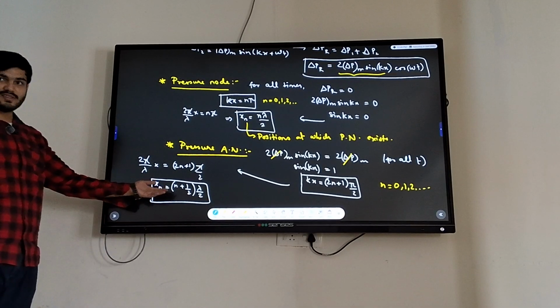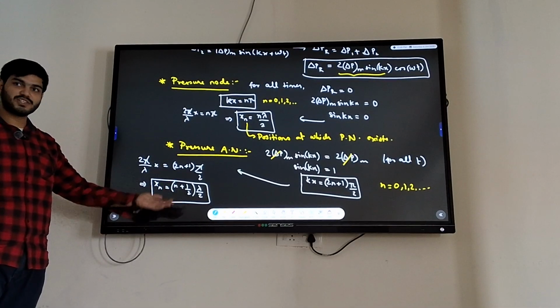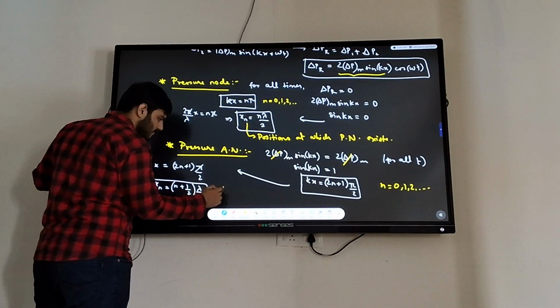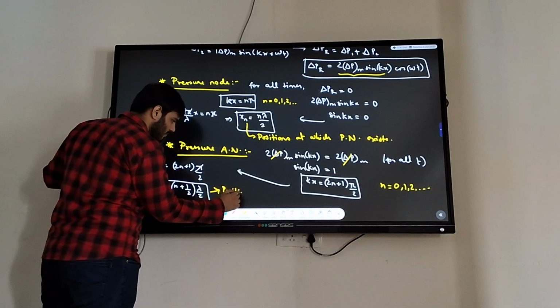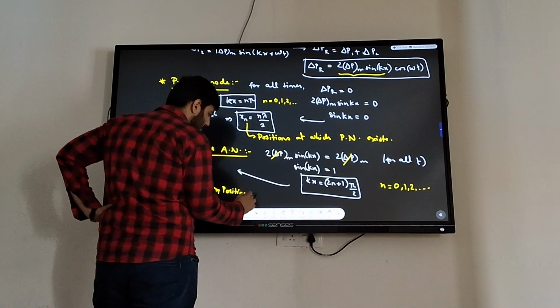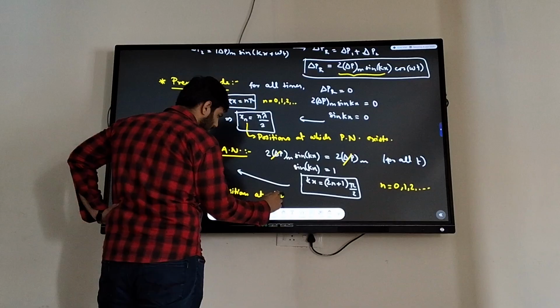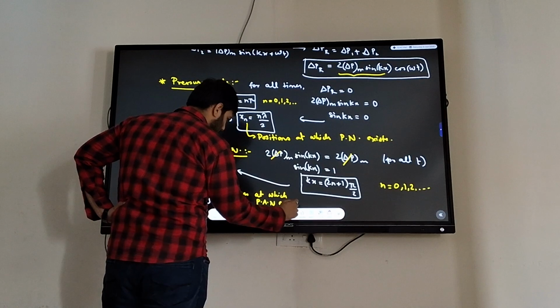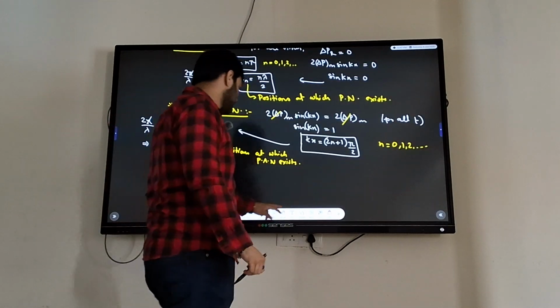These are the positions of pressure antinodes. Is it okay with everyone?